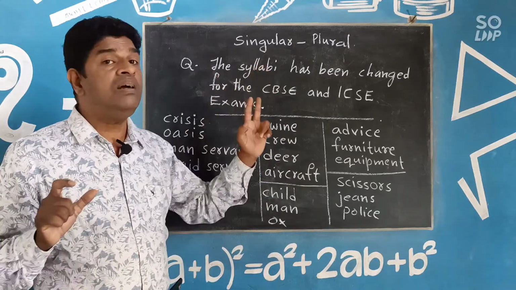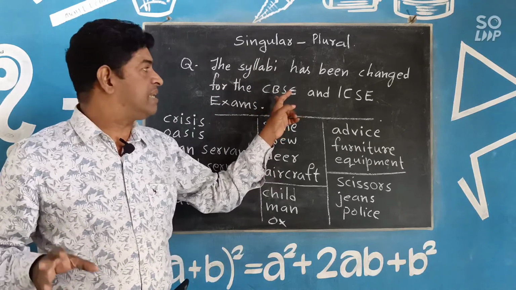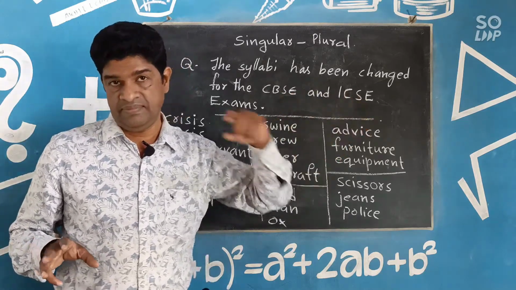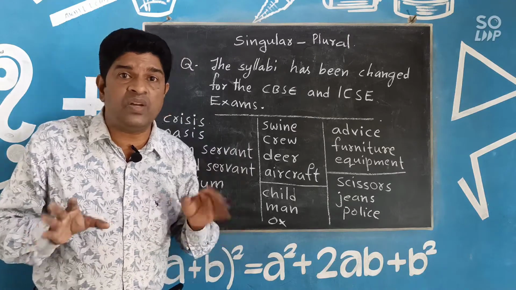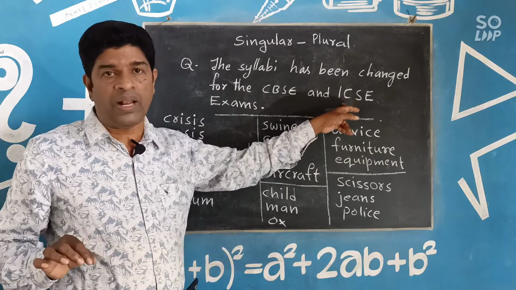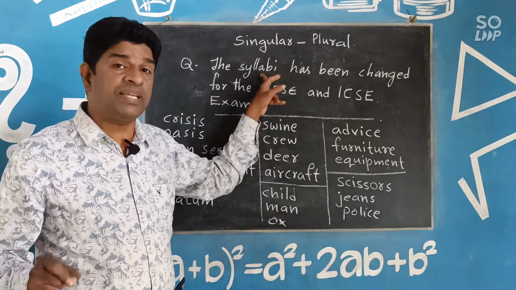Why syllabi here? Because the sentence says something about CBSE and ICSE. If the sentence says something about CBSE and ICSE, of course, it should be considered as plural, and that's why not syllabus but syllabi is correct.